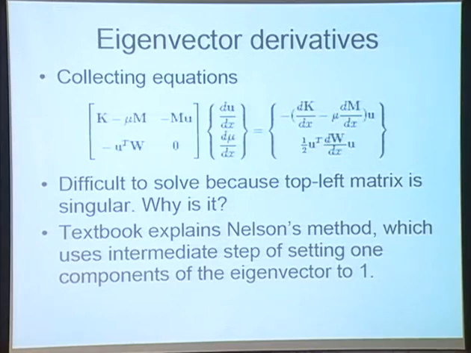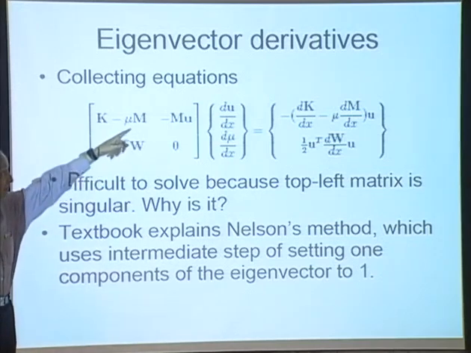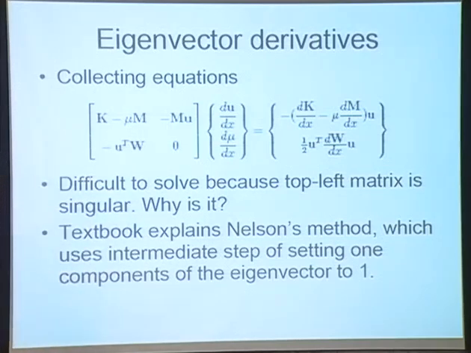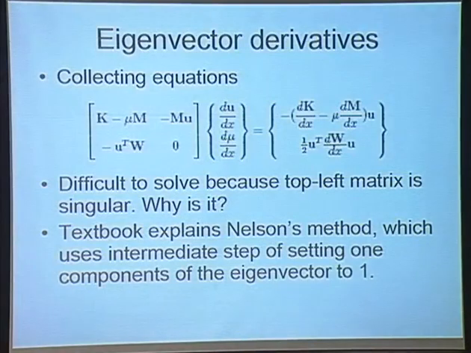If we collect them together, we get a system of n+1 equations for n+1 unknowns, where n of those are du dx, the derivative of the eigenvector with respect to the design variable, and the last one is the derivative of the eigenvalue. So this is n+1 equations with n+1 unknowns.